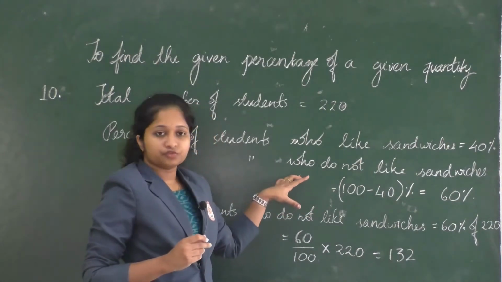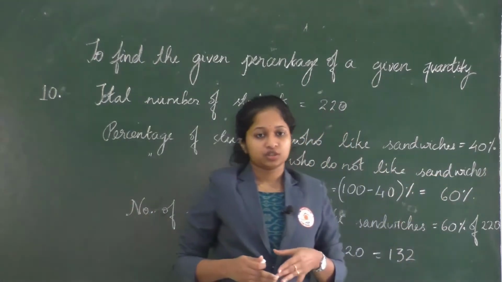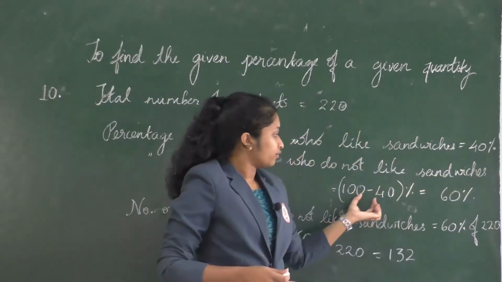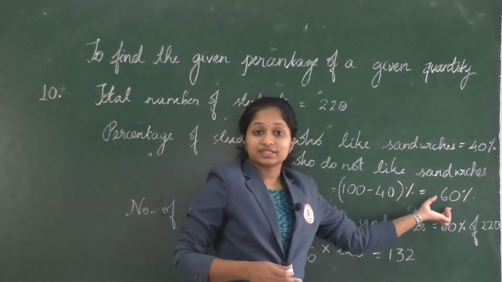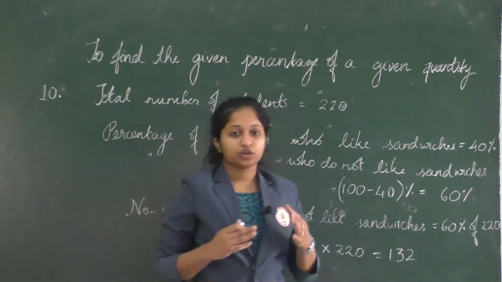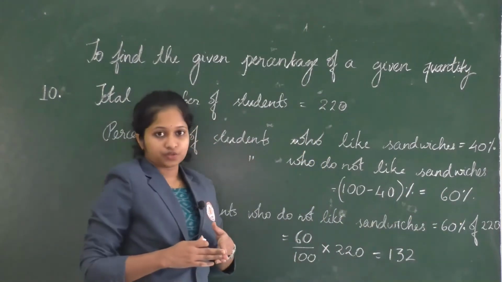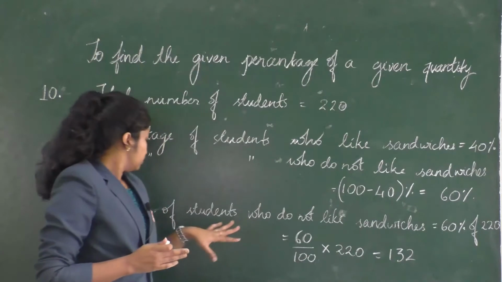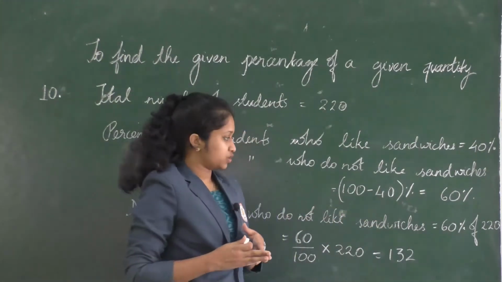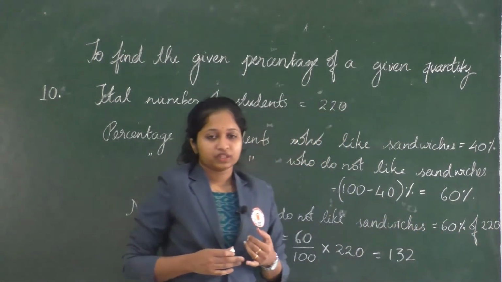For that we should know the percentage of students who do not like sandwiches. 40% like sandwiches, so 100 minus 40, that is 60% of students do not like sandwiches. Now we have to find the number of students who don't like sandwiches. That is 60% of 220.